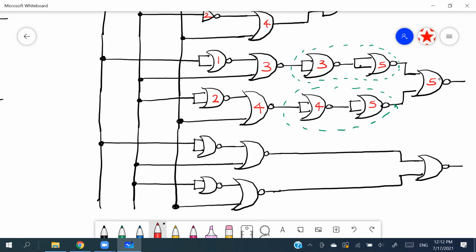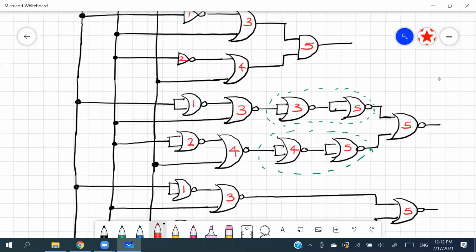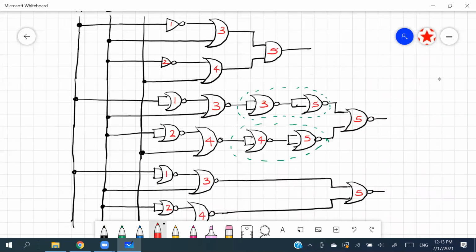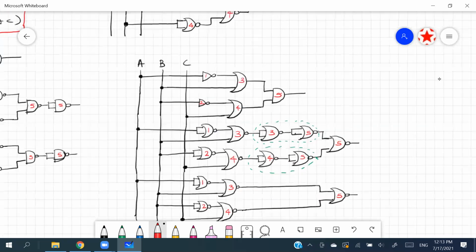We are left with 1 and 2, as well as 3 and 4. The other 3 and 4 is cancelled, as well as 2 from 5. So 1 5 is left. So it is the way that we are going to have this in NOR gates.